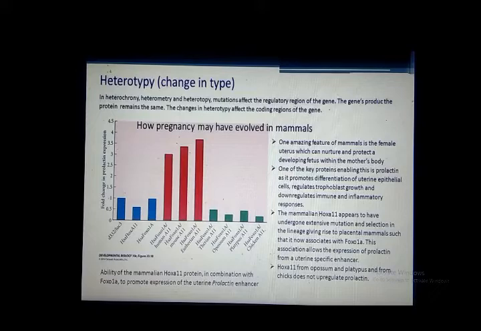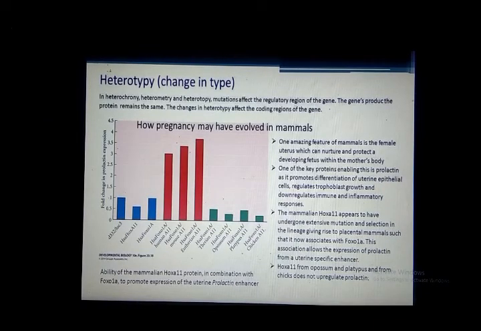This association allows the expression of prolactin from a uterine-specific enhancer, and HOXA11 from opossum, platypus, and chicken does not upregulate prolactin. The picture explains the ability of the mammalian HOXA protein, in combination with FOXO1A, to promote expression of the uterine prolactin enhancer.